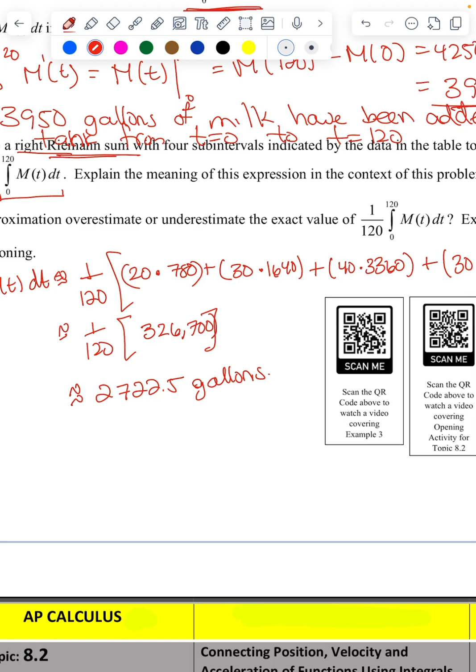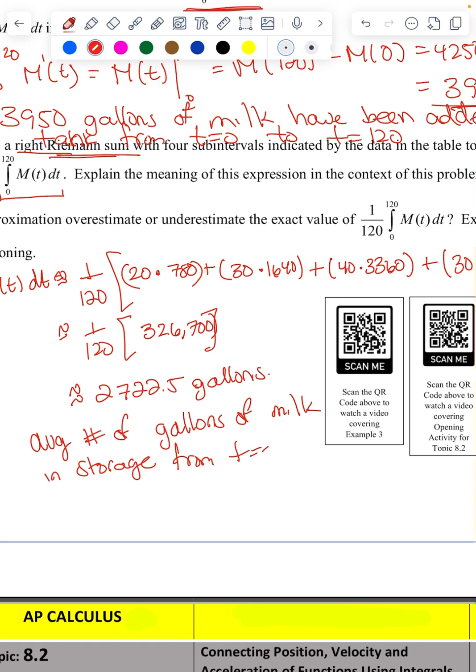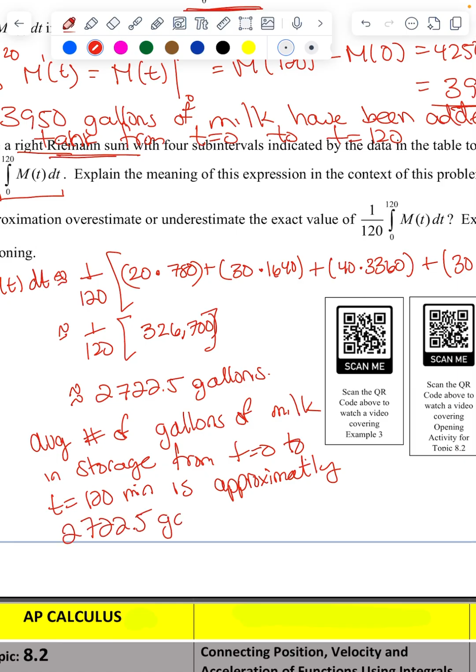So the average number of gallons of milk in storage from t equals 0 to t equals 120 minutes is approximately 2,722.5 gallons.